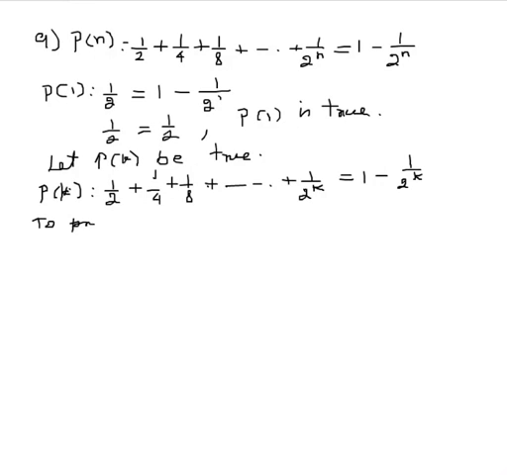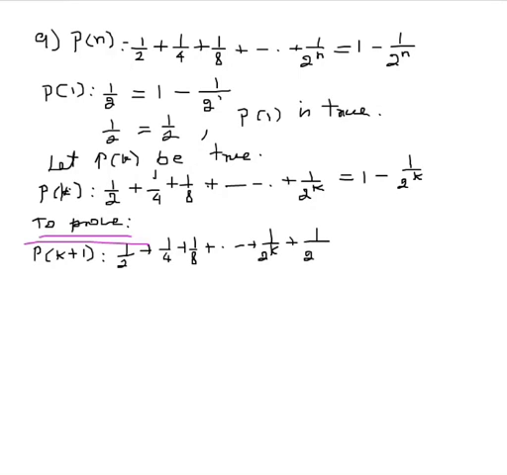Now we have to prove the P of k plus 1 statement. P of k plus 1 statement is half plus 1 by 4 plus 1 by 8 plus etc. The kth term is 1 by 2 power k, and we write the last term, the (k plus 1)th term, 1 by 2 power (k plus 1), equal to 1 minus 1 by 2 power n, with n substituted as k plus 1. This is the result to be proved.